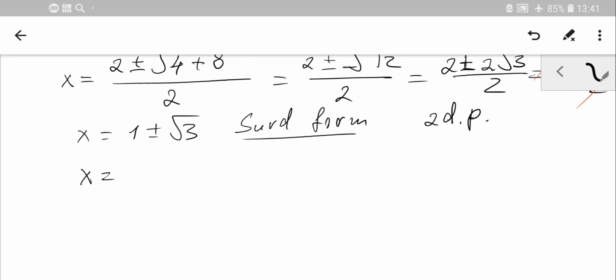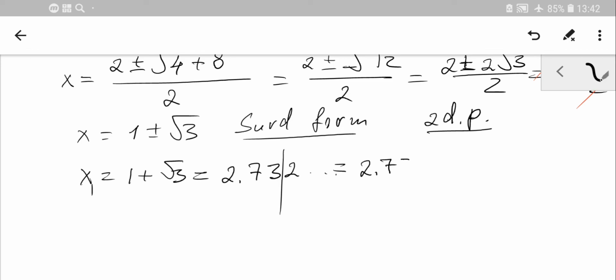So square root of 3, as far as I know, it's 1.73, but let's check it. So first, 1 plus square root of 3. So the first solution is 1 plus square root of 3, which is 2.73 and like 2 something. Okay, we have 2 decimal places, so we round to the second digit after the decimal point, so we'll get 2.73.